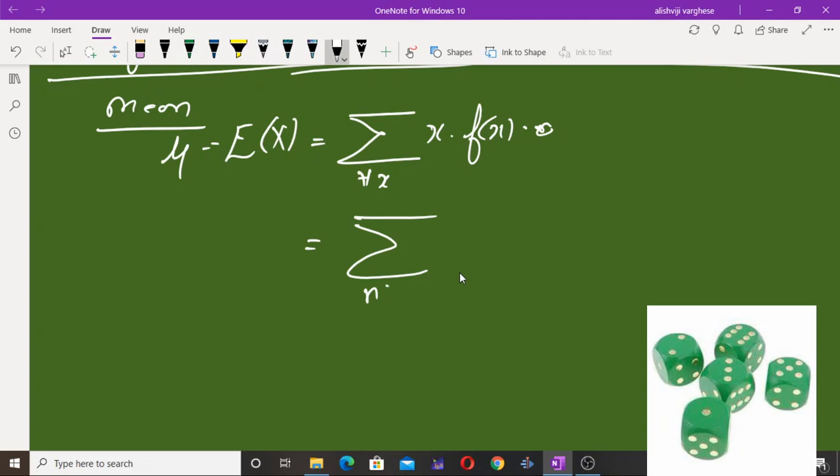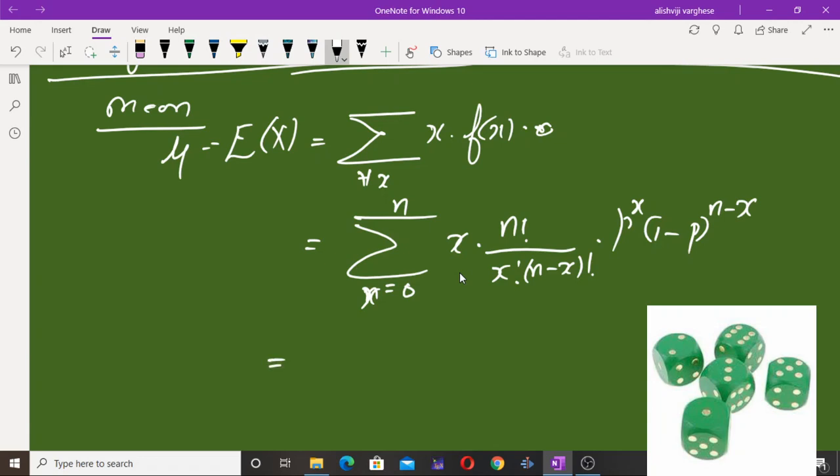In the case of a binomial random variable, x can vary from 0 to n, x into nCx, and that nCx can be written as n factorial divided by x factorial into n minus x factorial, into p raised x and 1 minus p raised n minus x.